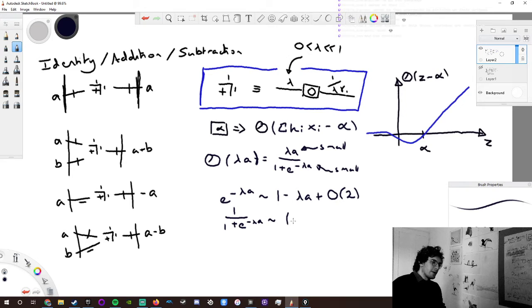So this is the same as 1, in fact 2 minus lambda a to the minus 1 plus those second order terms. And this, again, Taylor expanding, is half 1 plus lambda a over 2.